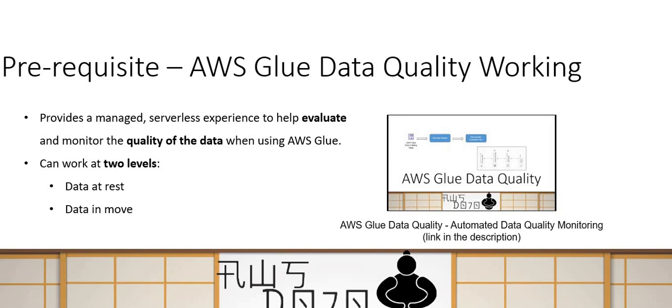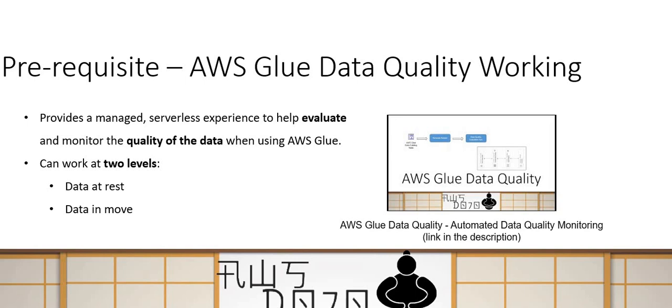In case you are not aware of this feature or how it works, you can use one of my previous tutorials where I described the working of this feature in detail. I have provided a link in the description which you can use to learn how AWS Glue Data Quality works. Basically, AWS Glue Data Quality is a way to assess and monitor data quality in your data platform, and it works at two levels: when data is at rest and when data is in motion.